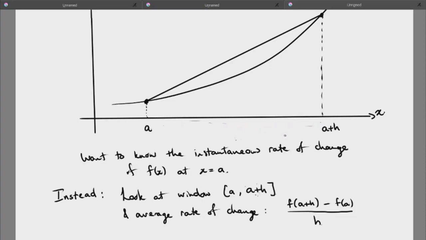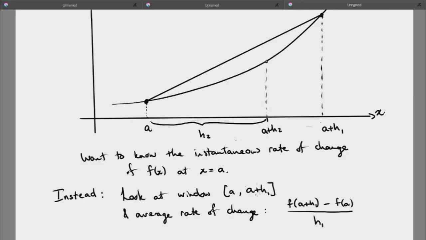Let's not do that. Let's step forward just, oops, back to the pen. Let's step forward a little less, maybe over there. Let's call this H1 because I'm going to have multiple H's here. And let's step forward a little bit smaller distance. Then here I'm going to be left with a second point that's A plus H2.